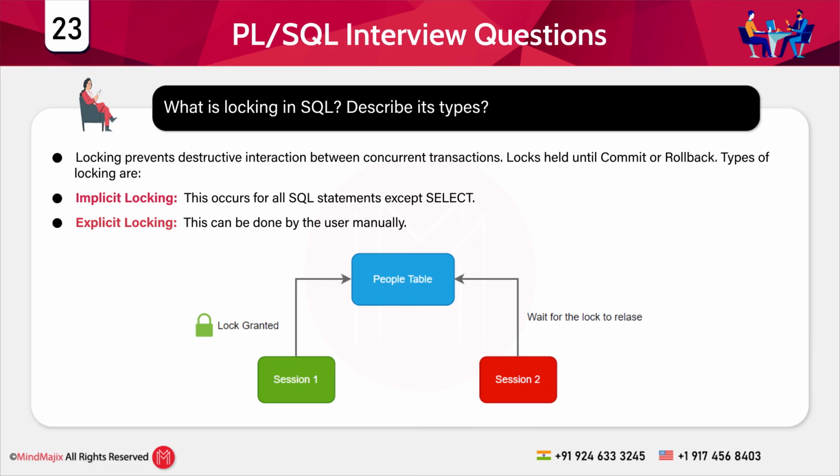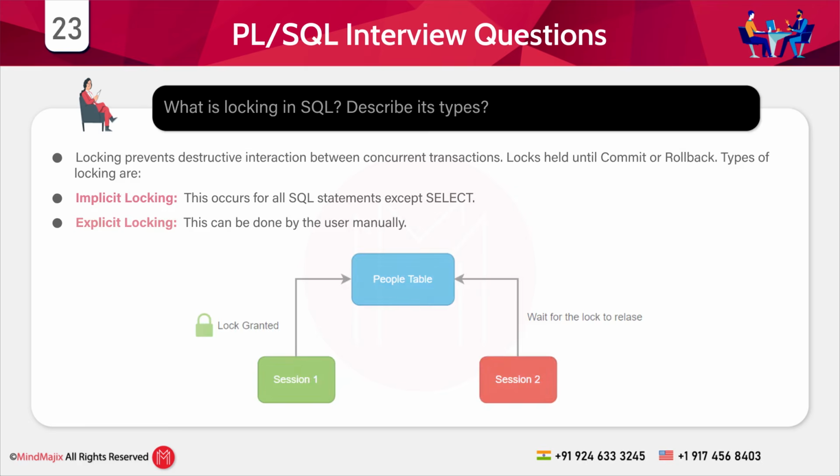And explicit locking can be done by the user manually. Additionally, there are two types of locking methods, exclusive and share. Exclusive locks out the other users. And this particular lock method, share, allows other users to access.